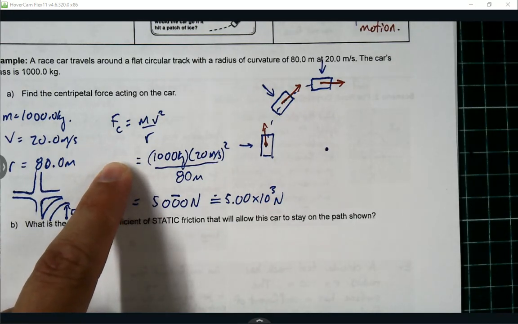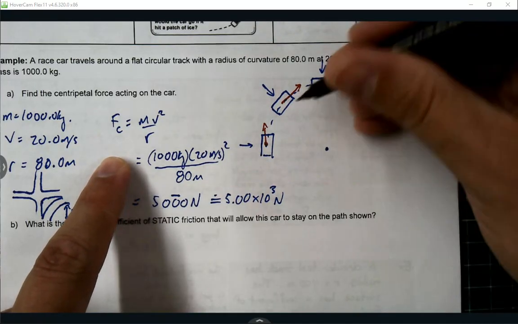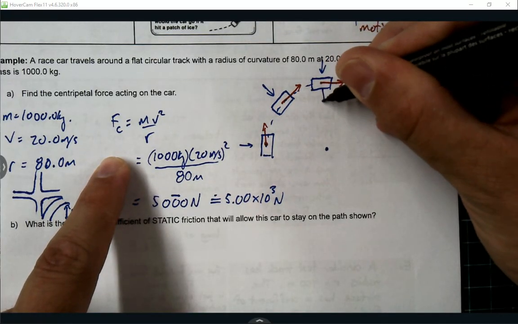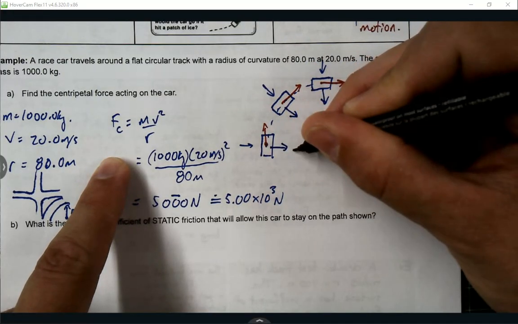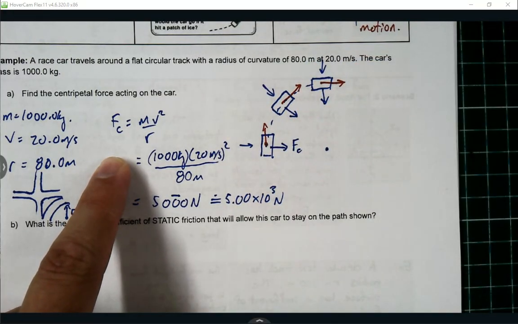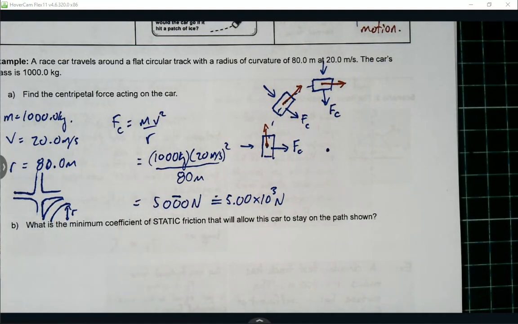Towards the center. Always towards the center. I mean, it's called centripetal force, towards the center. And so that Fc at any given snapshot in time is going to be the net force acting on that object toward the center. Okay, so the forces are always towards the center.